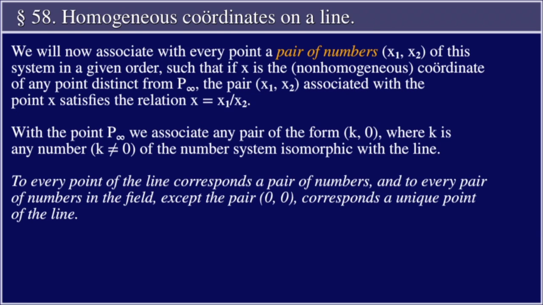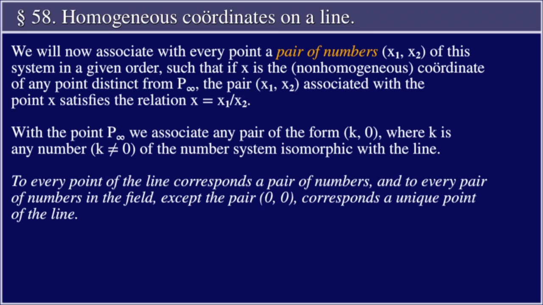We will now associate with every point a pair of numbers x1, x2 of this system in a given order, such that if x is the non-homogeneous coordinate of any point distinct from P infinity, the pair x1, x2 associated with the point x satisfies the relation x equals x1 divided by x2. With the point P infinity, we associate any pair of the form k, 0, where k is any number, k not equal to 0, of the number system isomorphic with the line.